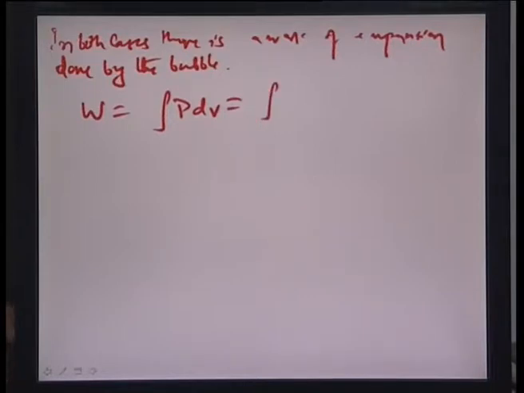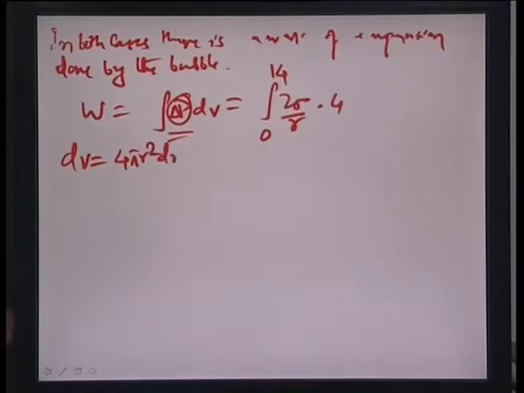Also this varies between 0 and 14 microns of course, and you have a delta P here. The pressure difference is about 2 sigma by R times the elemental volume, which, as I had done way back before in case of spherical symmetry, is given by 4 pi r squared dr.